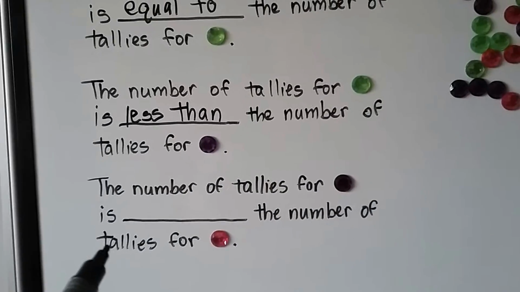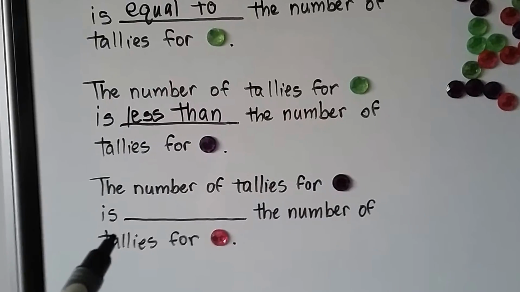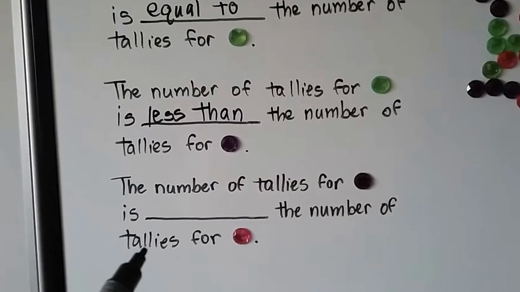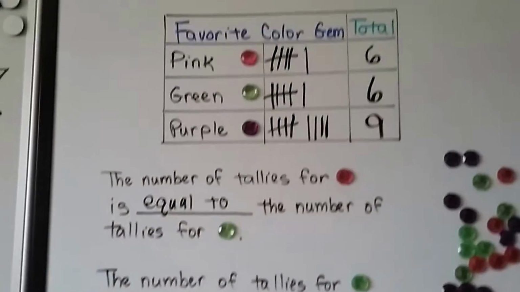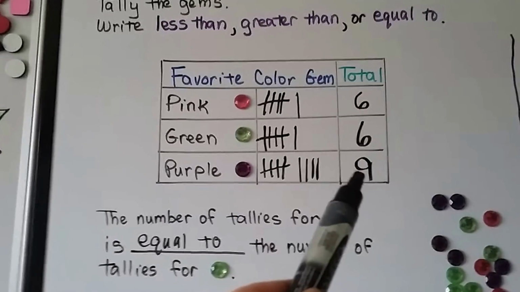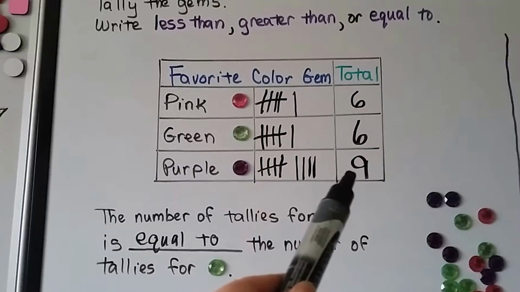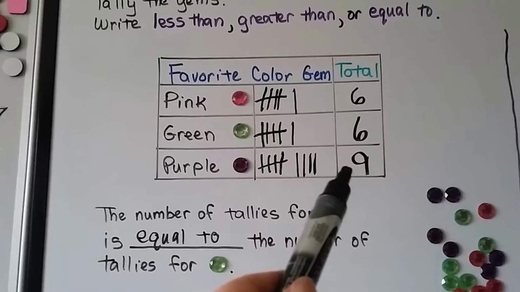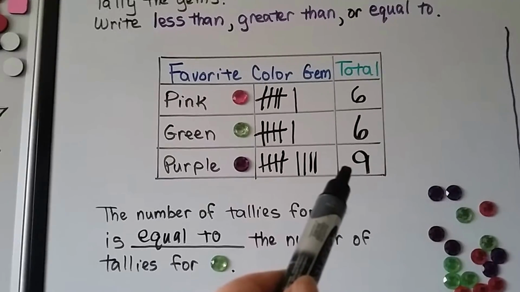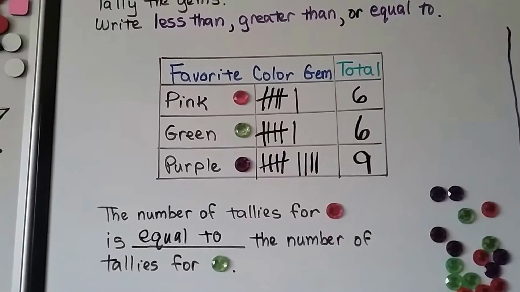So it's going to be less than. And the last one says the number of tallies for purple gems is blank the number of tallies for pink. So now we're comparing the purple and the pink. Is the purple one less than, greater than, or equal to the pink?